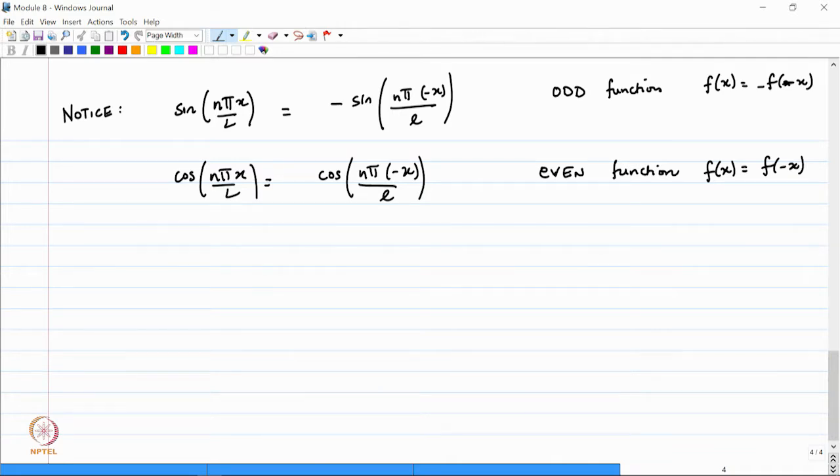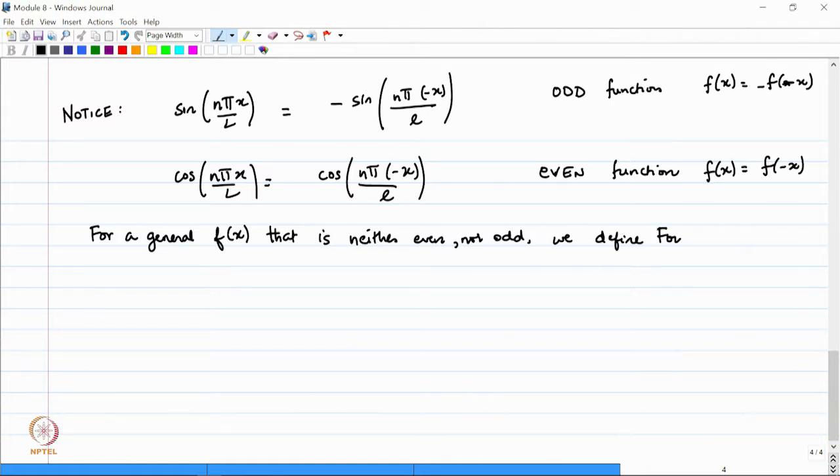So now this motivates us. For a general f of x that is neither even nor odd, we define the Fourier series as follows.